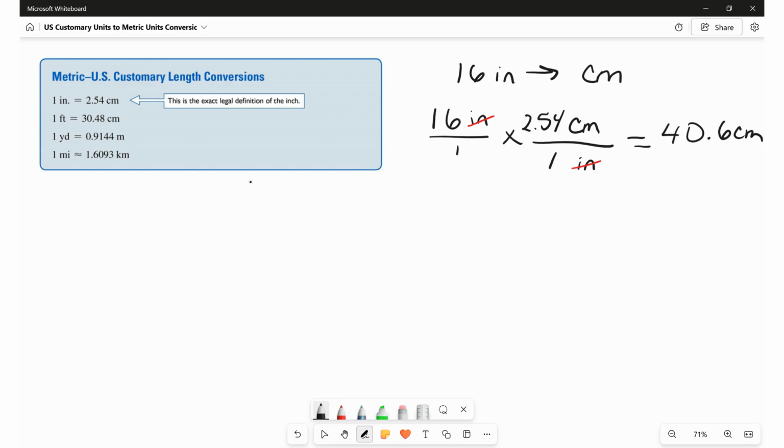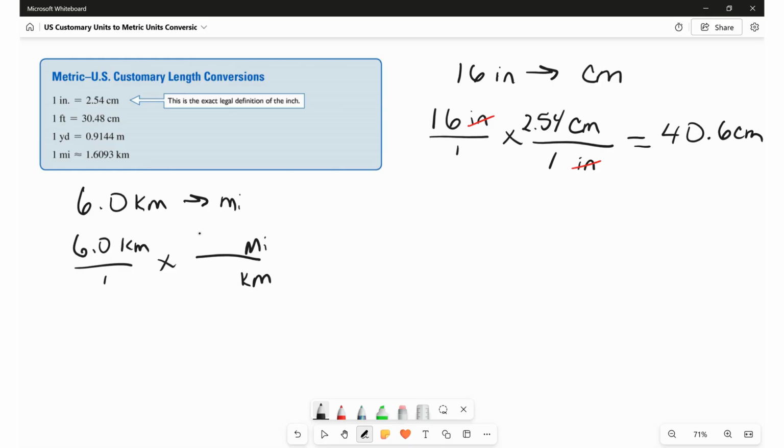Let's look at another one. What if we want to convert 6 kilometers to miles? Again, we take what we're starting with and multiply that by the unity that gives us miles on top, because miles is where we want to go, and kilometers on the bottom.